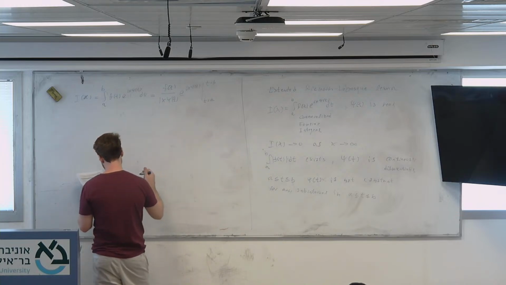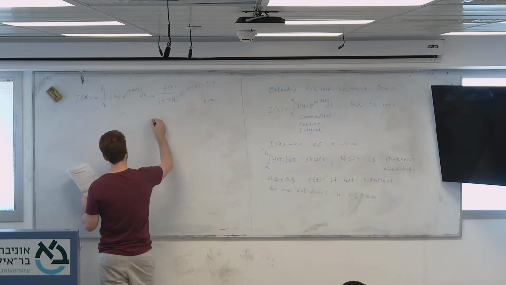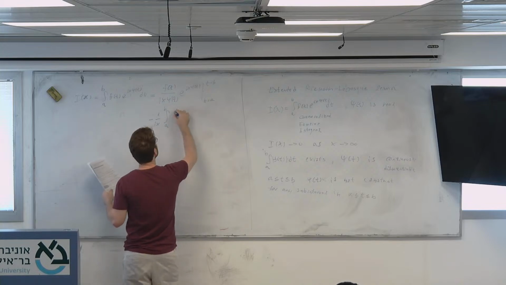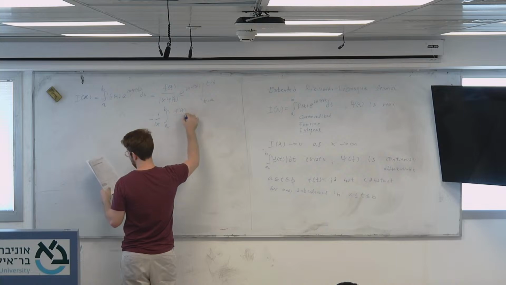And then we have minus 1 over ix, integral a to b f prime of t, sine.